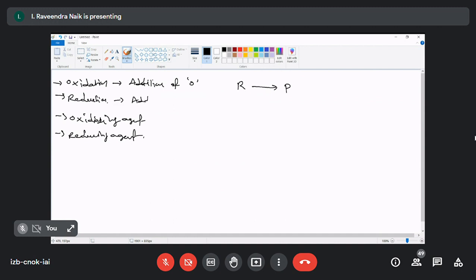Okay ma, wait. So addition of hydrogen. Here oxidation means addition of oxygen, reduction means addition of hydrogen.